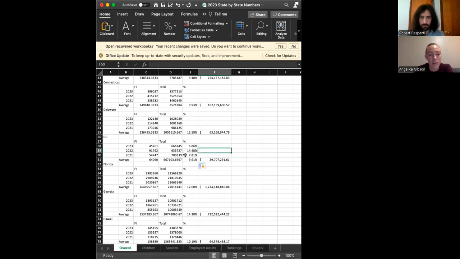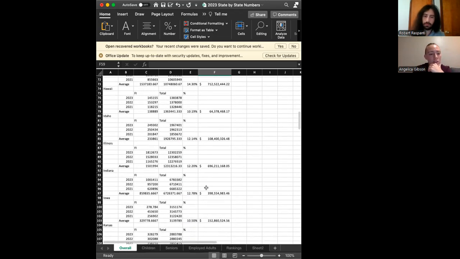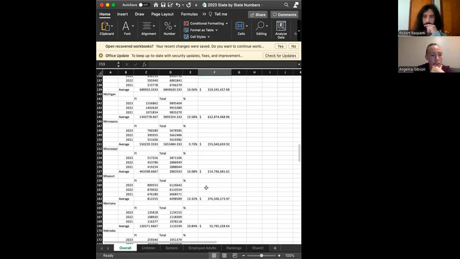When you're crunching these numbers and look across years, if you see a huge jump, that can be an indication that you have a smaller sample size, which creates more variance and more room for error. By averaging it, we're able to flatten it to make it more accurate. You'd see the same thing with Rhode Island.